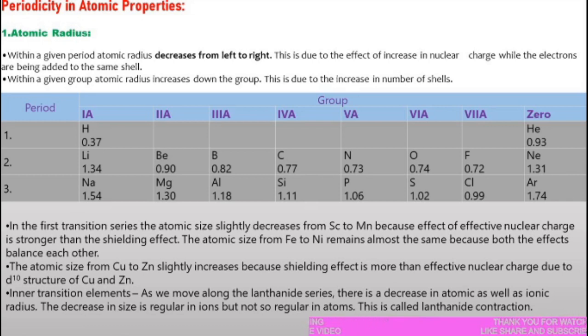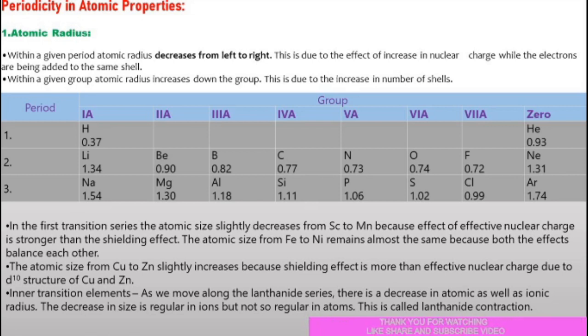The atomic size from iron to nickel remains almost the same because both the effects balance each other. The atomic size from copper to zinc slightly increases because shielding effect is more than effective nuclear charge due to the d10 structure of copper and zinc.